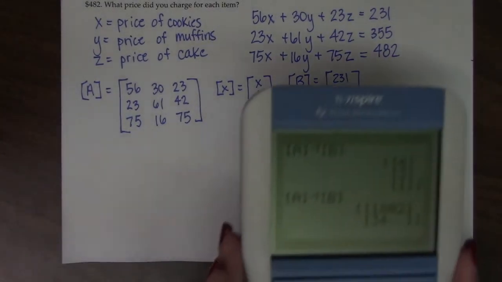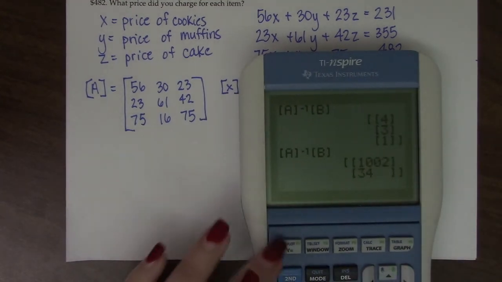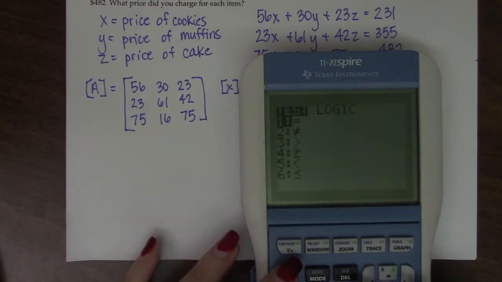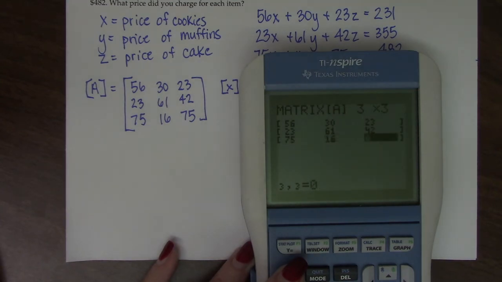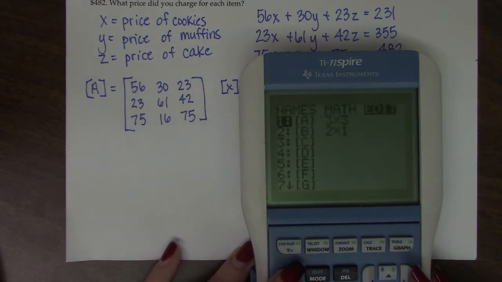So now I can go back to second matrix, edit. Matrix A needs to be a 3 by 3, and it's 56, 30, 23, 23, 61, 42, 75, 16, 75. Then second matrix, edit.